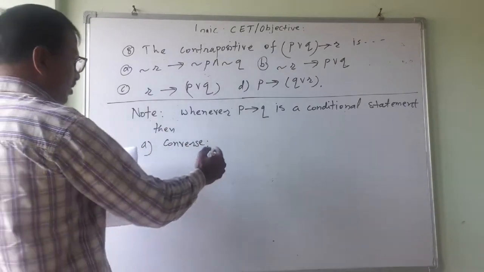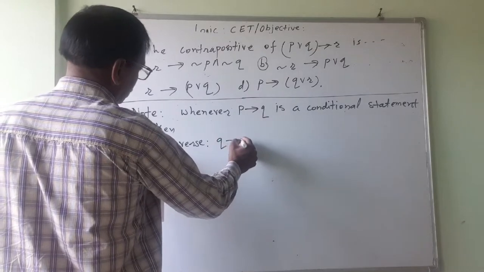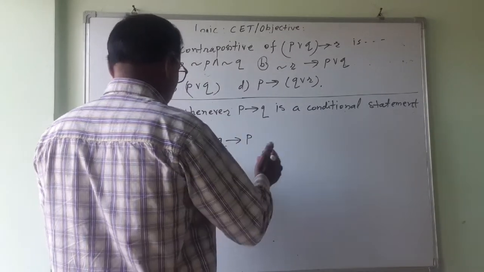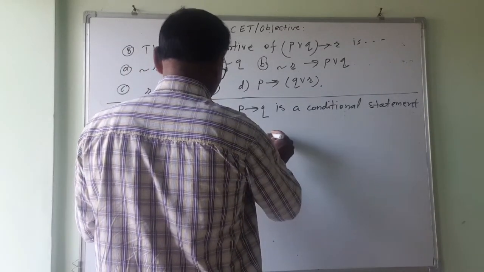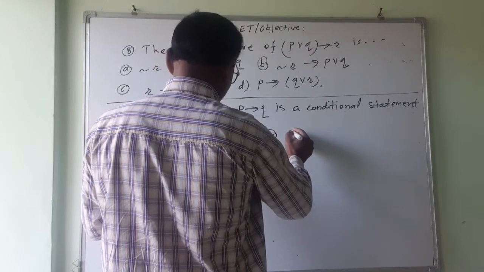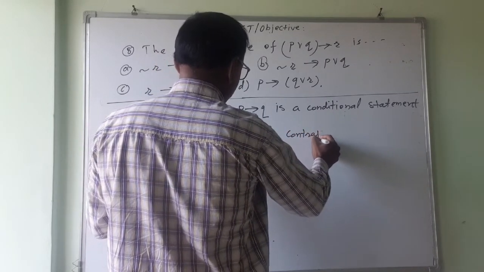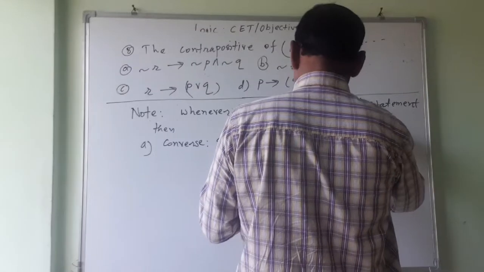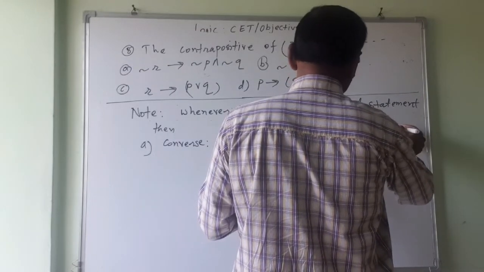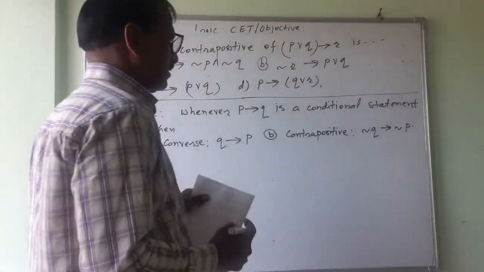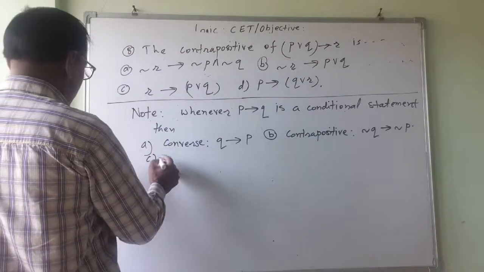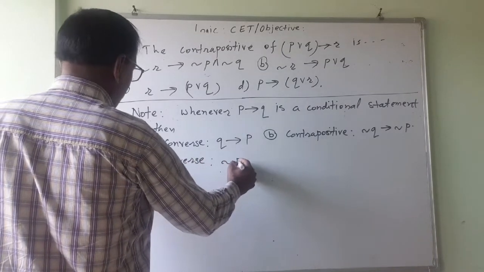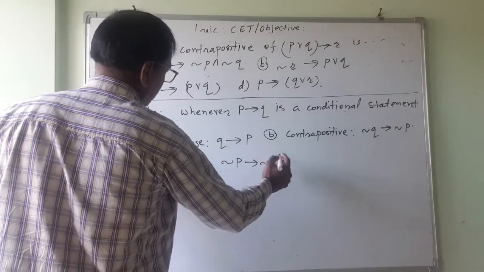Converse means the opposite: Q implies P. Then B, I will take the contrapositive: negation Q implies negation P. And C, the inverse: negation P implies negation Q.